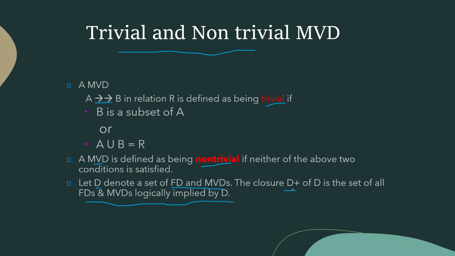What is a closure D plus? If a set of functional dependencies and a set of multi-value dependencies are given, denoted by D, then D plus indicates the set of all the functional dependencies and multi-value dependencies which are logically implied by D. That is, those dependencies are not specified along with D, they are implied by D. So they are called D plus.